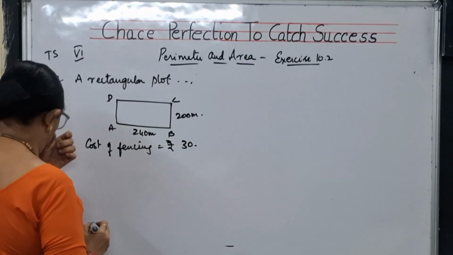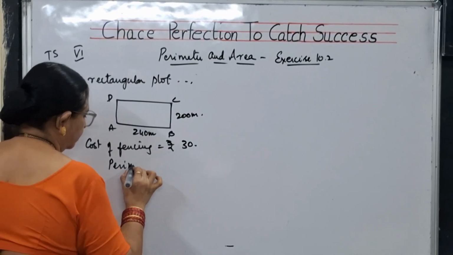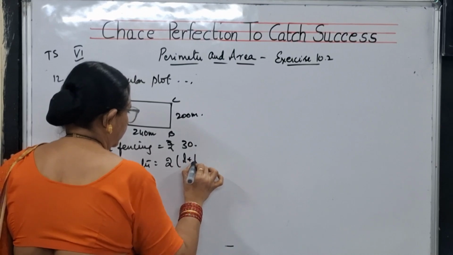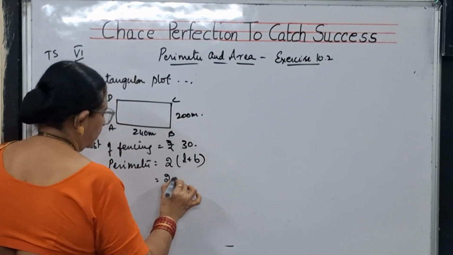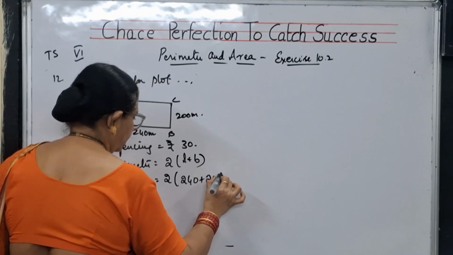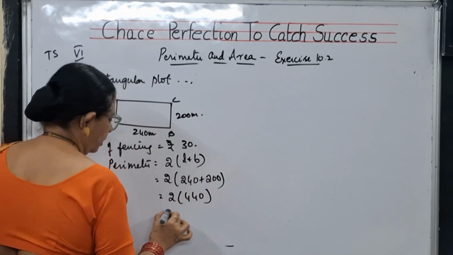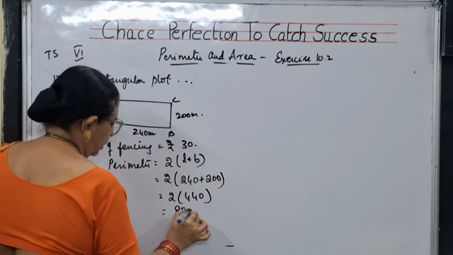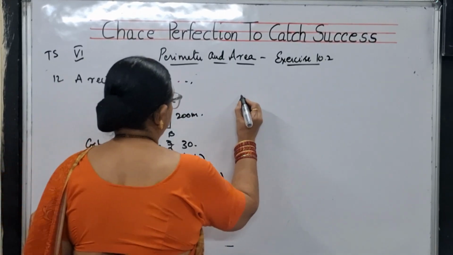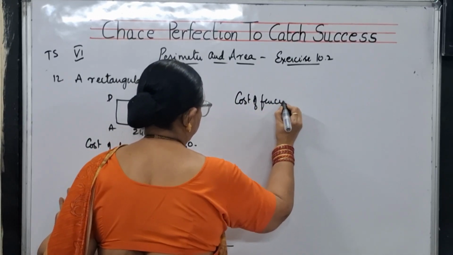So what is cost of fencing means? First you have to find out perimeter. Perimeter is 2 into L plus B. 2 into 240 plus 200. 2 into 440. That means 880 meters is the perimeter. So you need to find out what is cost of fencing.